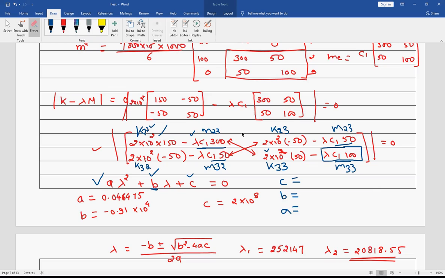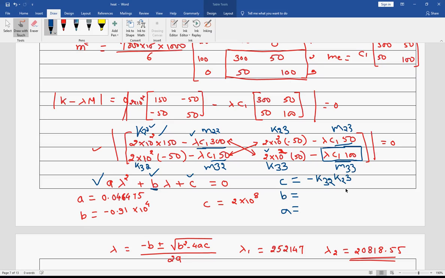Okay, so this is what we have done. Now we have to also subtract after multiplying this. Again the same thing, which is contributing to constant. I can see this K32 and K23 is contributing to constant, so of course that will be minus K32 into K23.